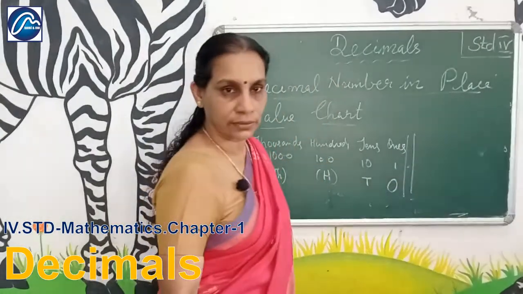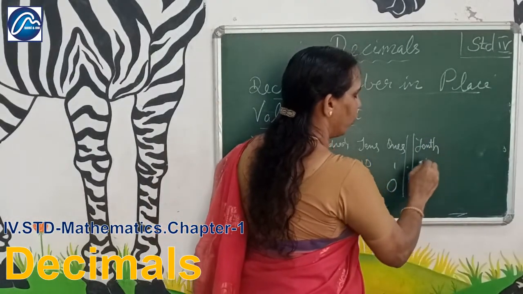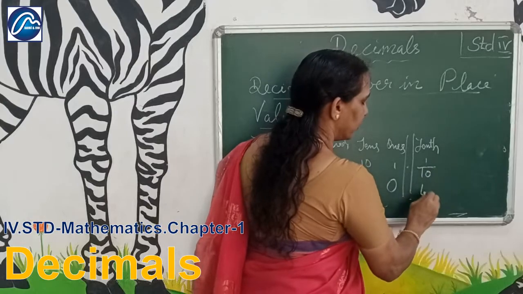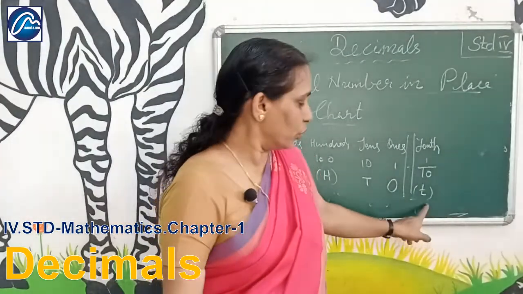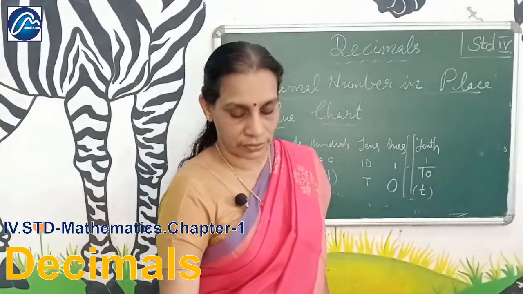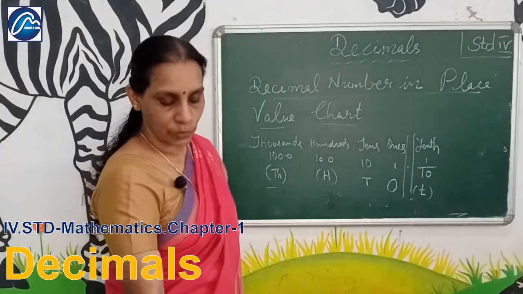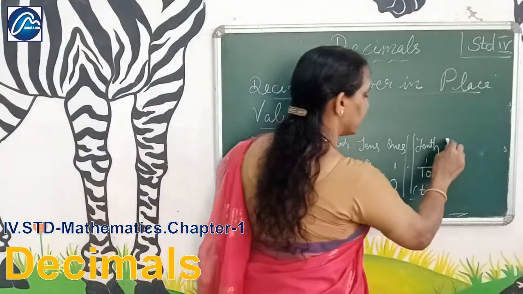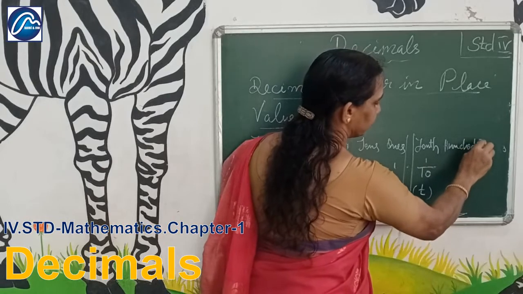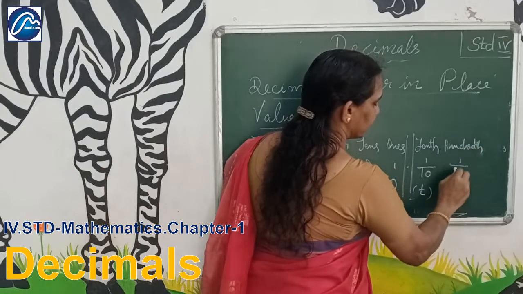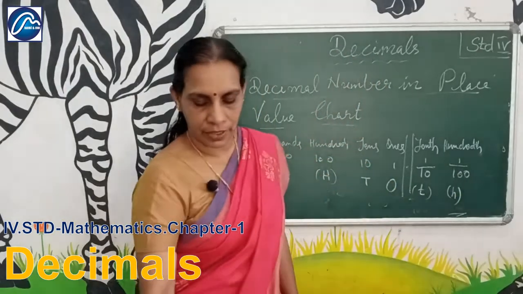Now tenth. 1 by 10 is represented by a small t. Then hundredth, represented by a small h.